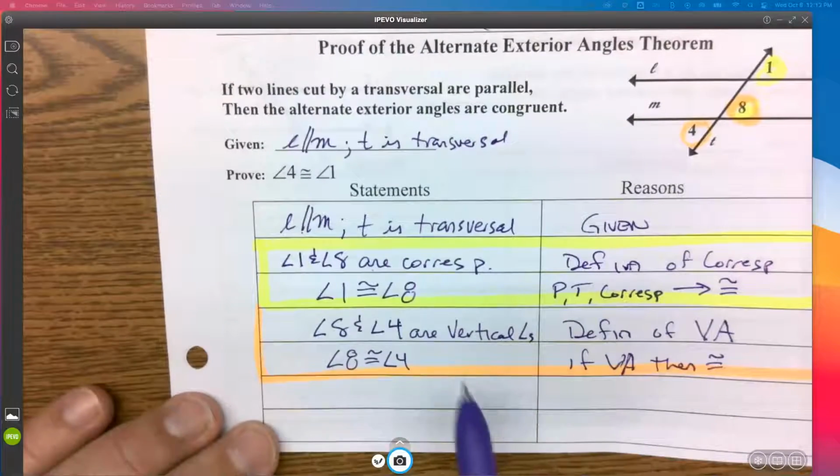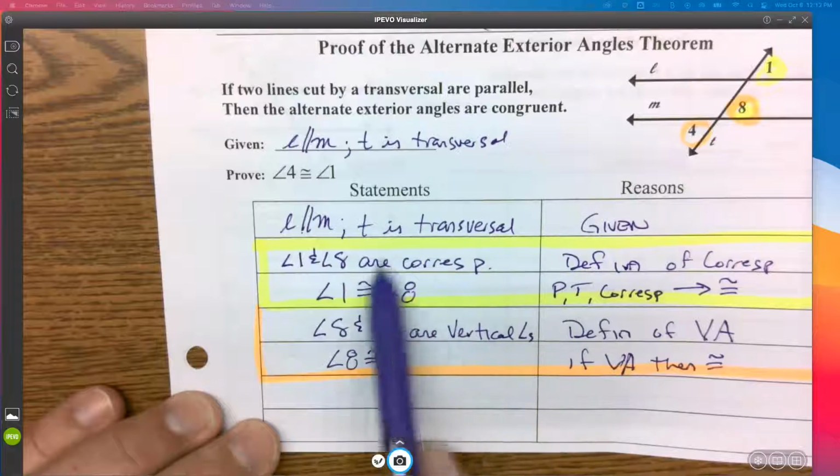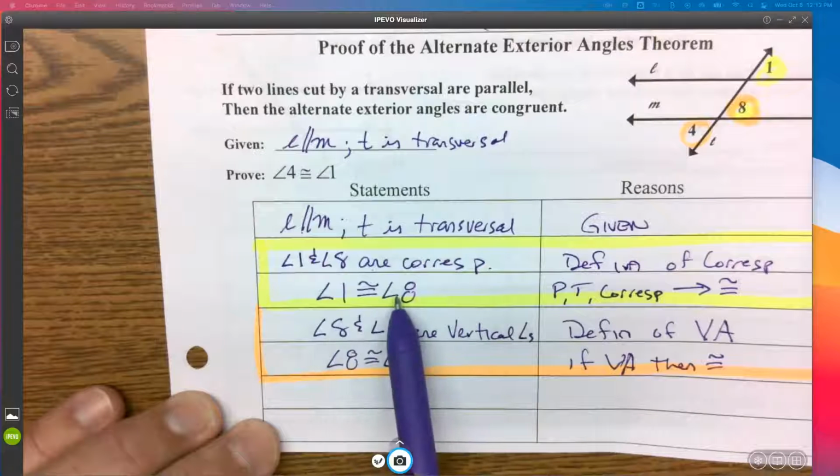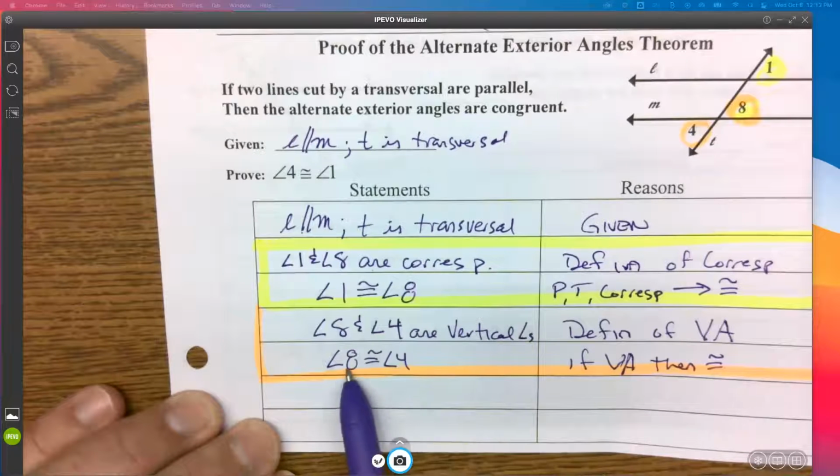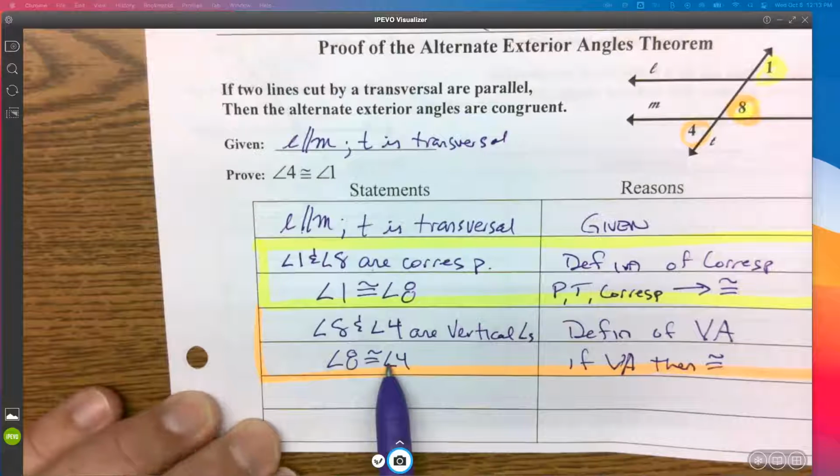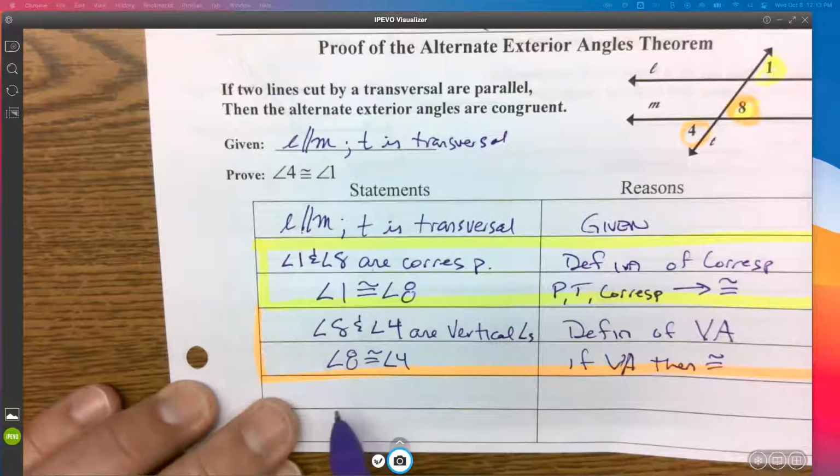So when we get down to the bottom here, and we've got our corresponding angles where we chose to do 1 and 8, and then our vertical angles where we chose to do 8 and 4, am I set up for transitive? 1 to 8, 8 to 4. That's transitive, isn't it? This one's okay to set up as is.